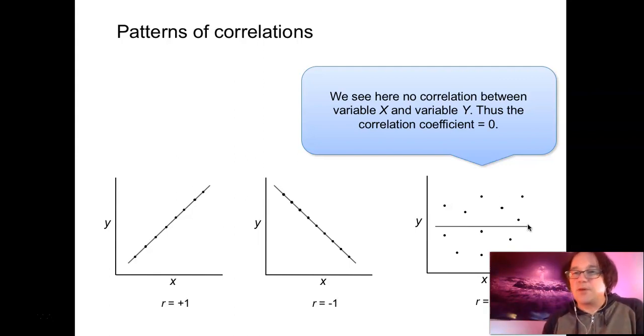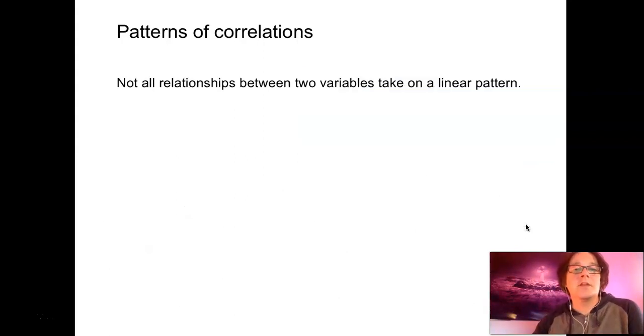So whenever you see perfect correlations like these, whether perfectly positive or perfect 0, like absolutely nothing, it's usually cause to check to make sure you didn't do something wrong. You always expect some error, some little variations in there. So for the different patterns of correlations, not all relationships between 2 variables are going to take on this straight linear pattern.